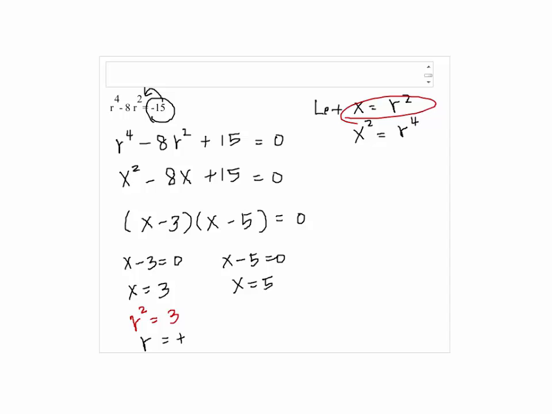To find r, we take the square root on both sides, so we get plus or minus radical 3. And for x equals 5, again, our x was r squared, so r squared is equal to 5. So r will be plus or minus radical 5. So the answer will be plus or minus radical 3 and plus or minus radical 5.